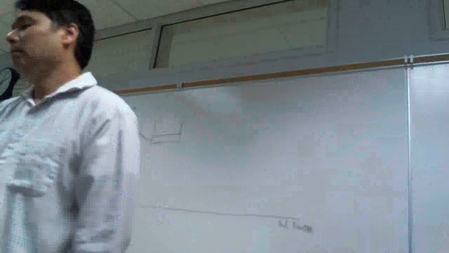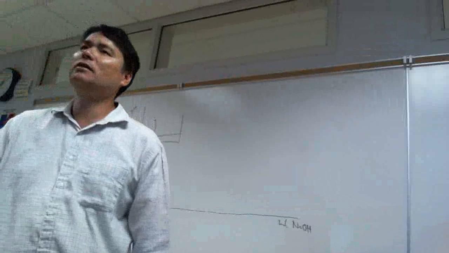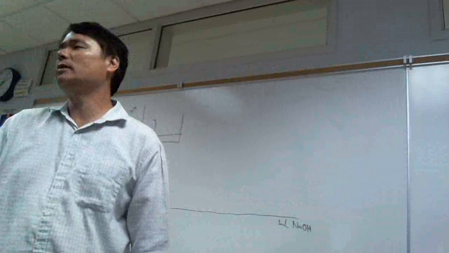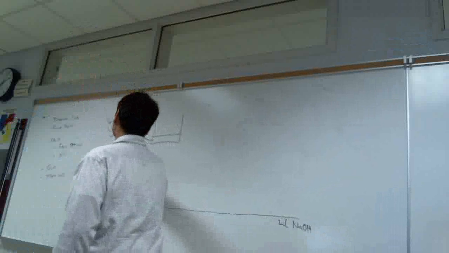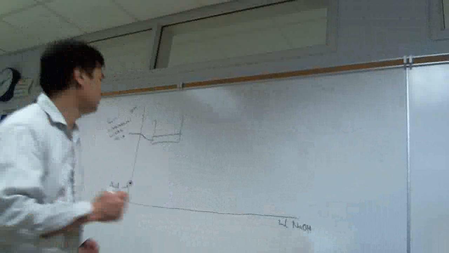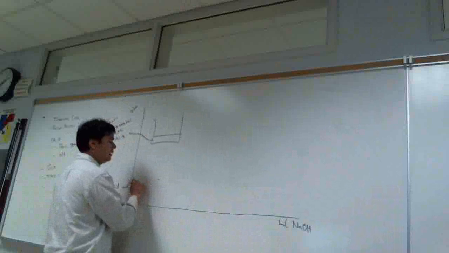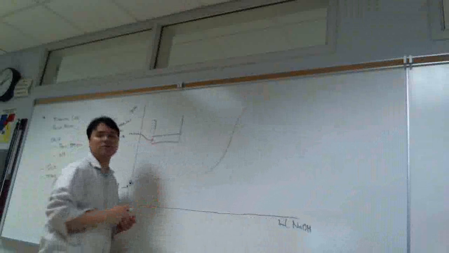Well, our initial goal in this is we want to dissolve the unknown acid in a minimum of water. Why do we want to dissolve it in the minimum of water? To start at the lowest pH possible. Because if you have it too dilute, the pH curve is supposed to look something like this, just as an example.